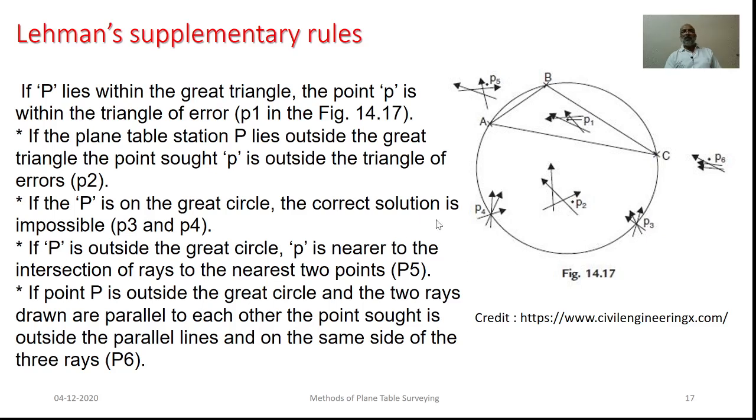If P is outside the great circle and if P is near to the intersection of the rays to the nearest points, we can have the location P5 as P5. If point P is outside the great circle and the two rays drawn are parallel to each other, the point sought is outside the parallel lines and on the same side of three rays, the way we have shown as P6.